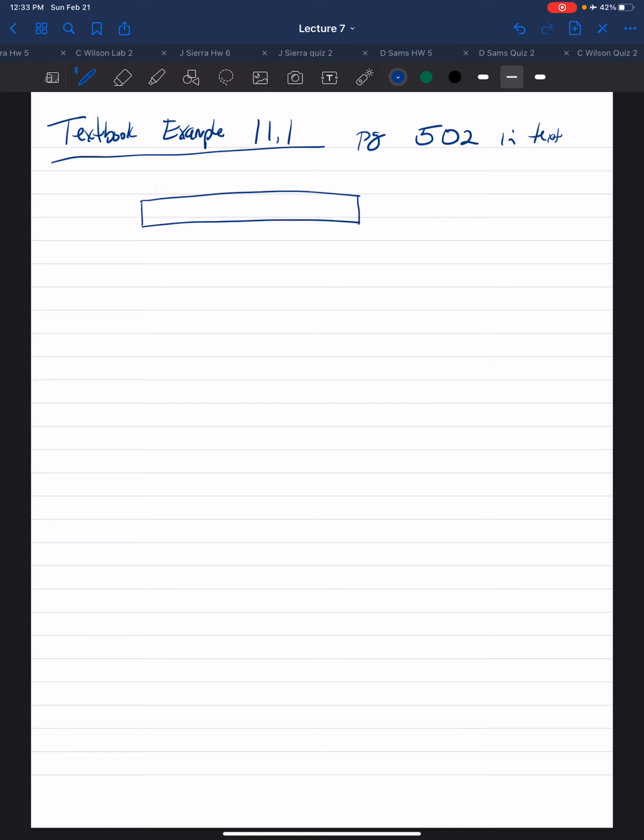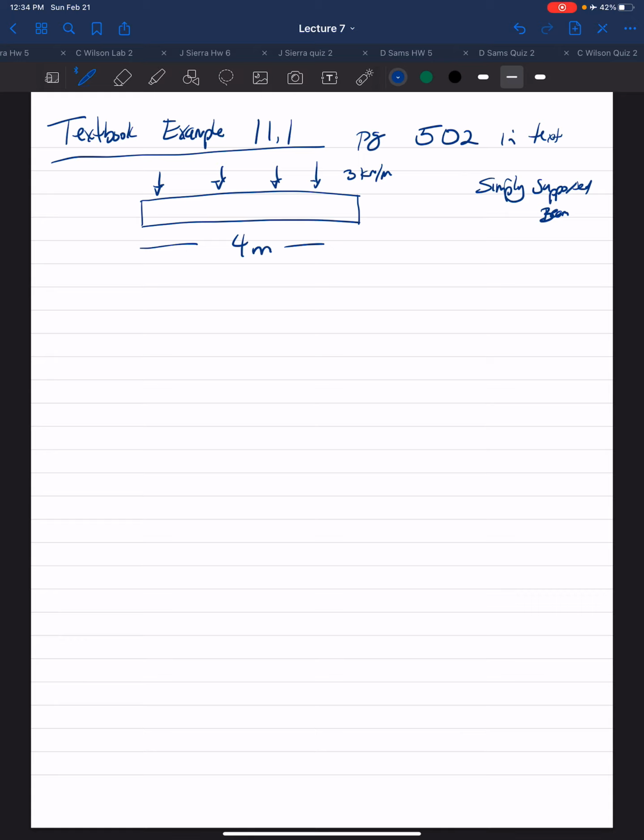So right off, we know this is a simply supported beam, pinned on the left-hand side and a roller on the right-hand side, and is subject to a distributed loading of 3 kilonewtons per meter as a rectangular loading, the length is 4 meters.